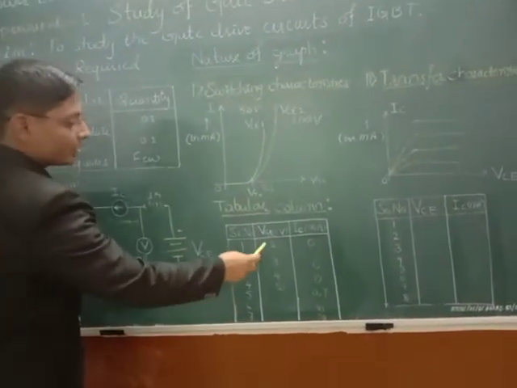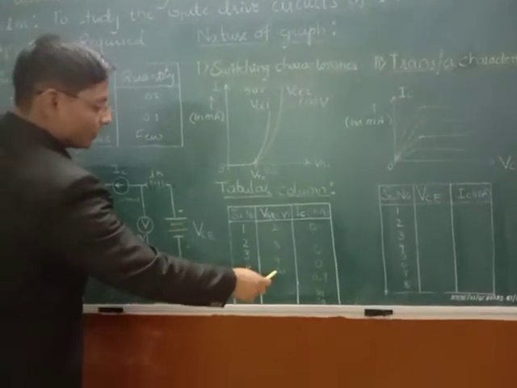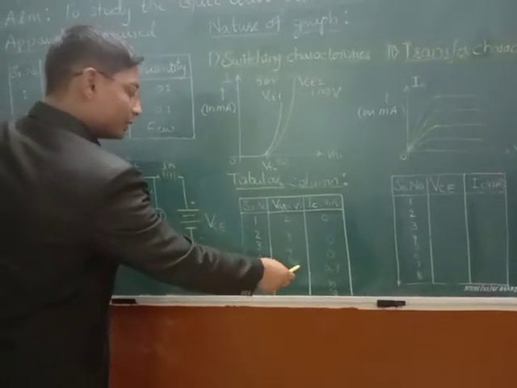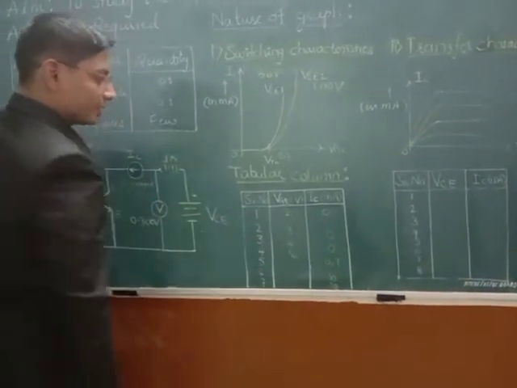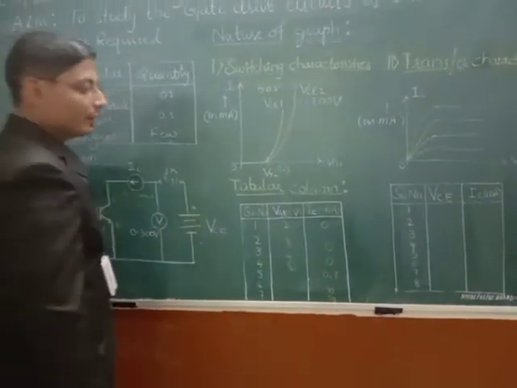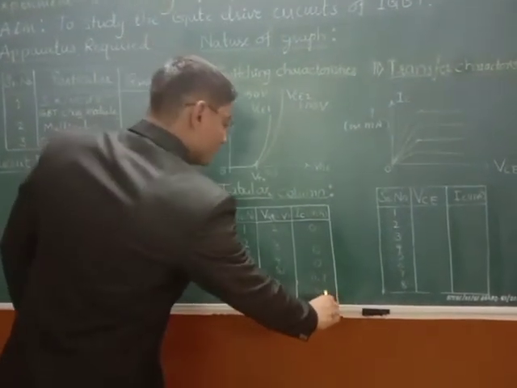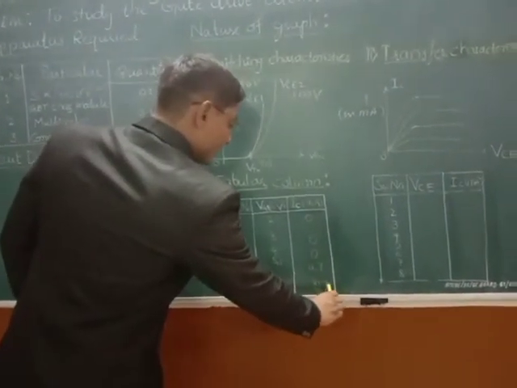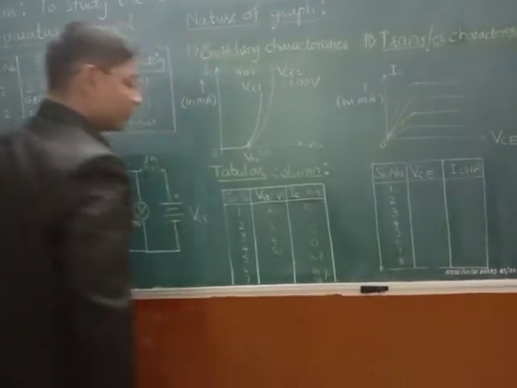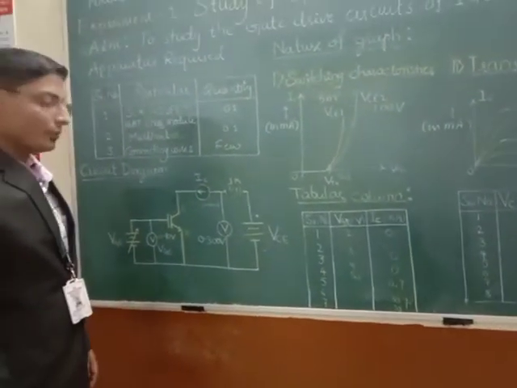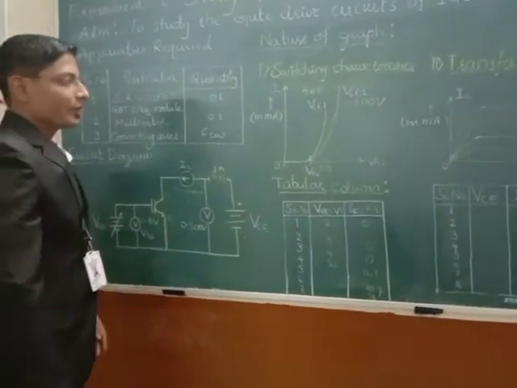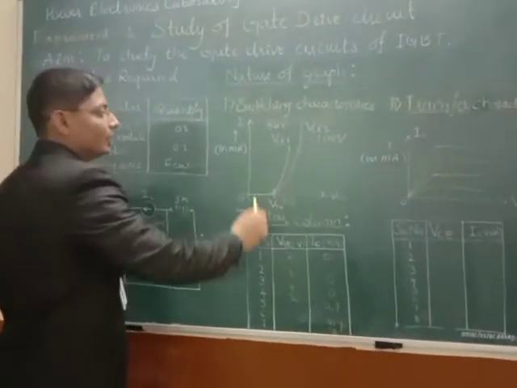We increase VGE from 0 till the device closes, and in the second set of readings this value becomes around 75 milliampere. So it is almost double what we had got in the beginning with the 50 volt VCE.